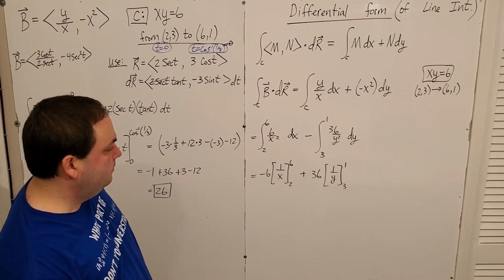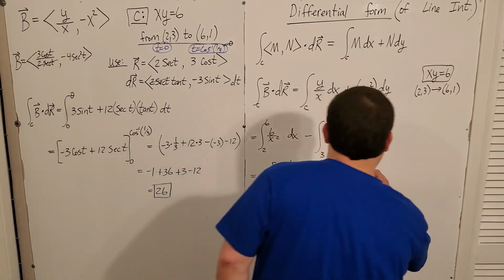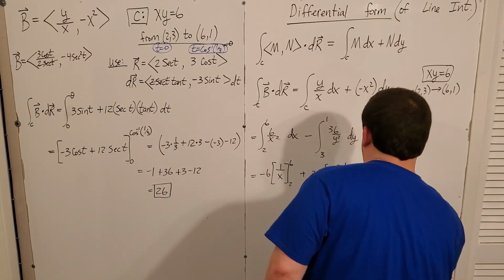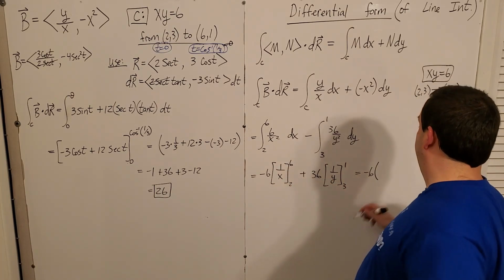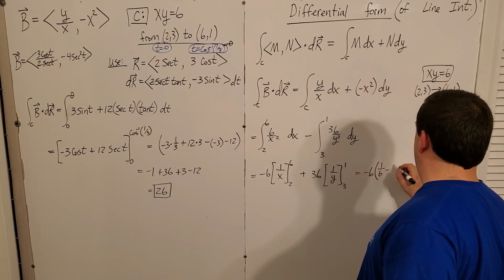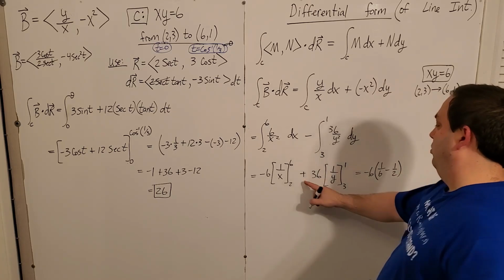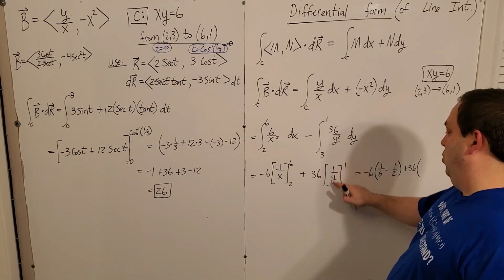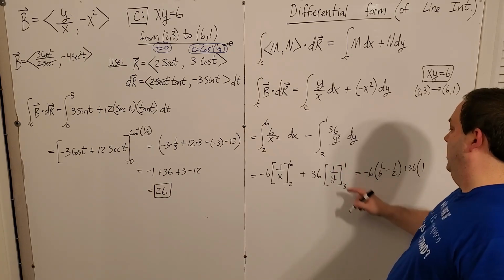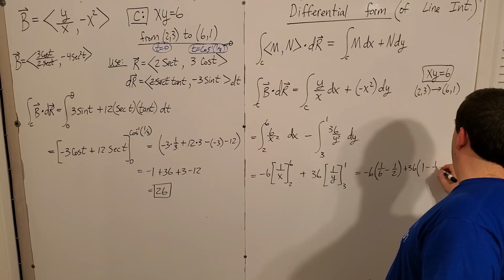All right, so let's see, I've got -6 times 1 over 6 minus 1 over 2, plus 36 times 1 over 1, which is 1, minus 1 over 3.